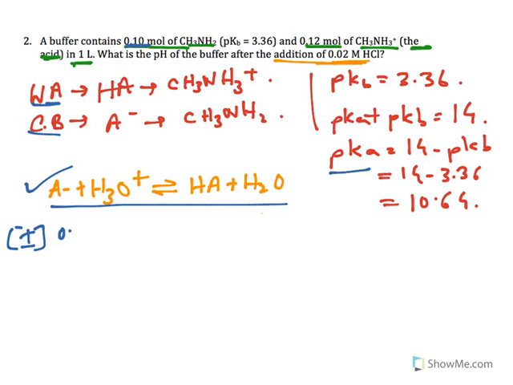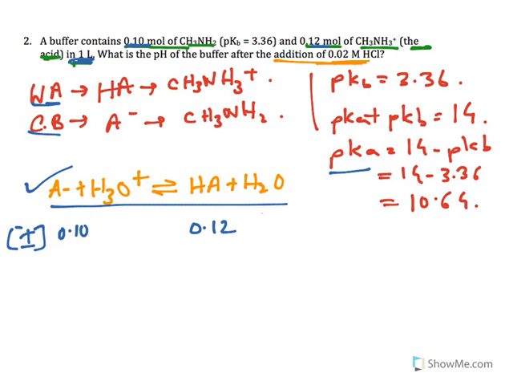So we have 0.10, and since it's in 1 liter, the moles is going to be the same as the concentration in molars. We're also given that initially we have 0.12 molar of the acid. It's given in the question.